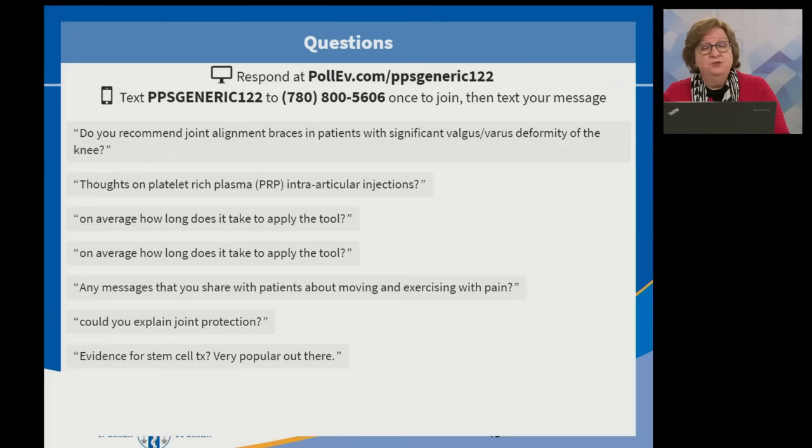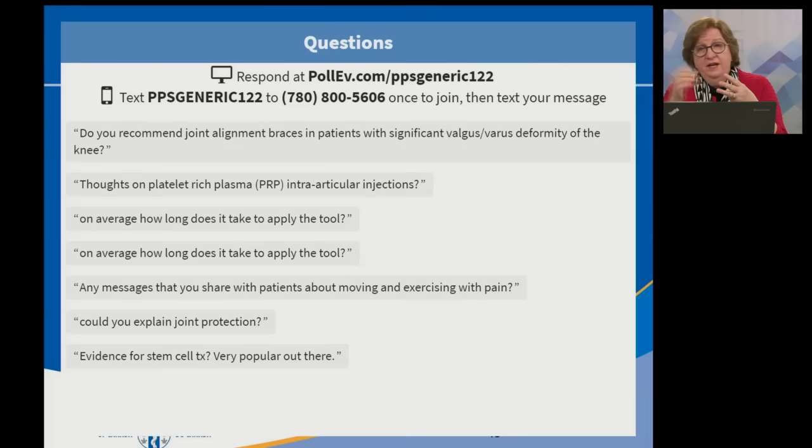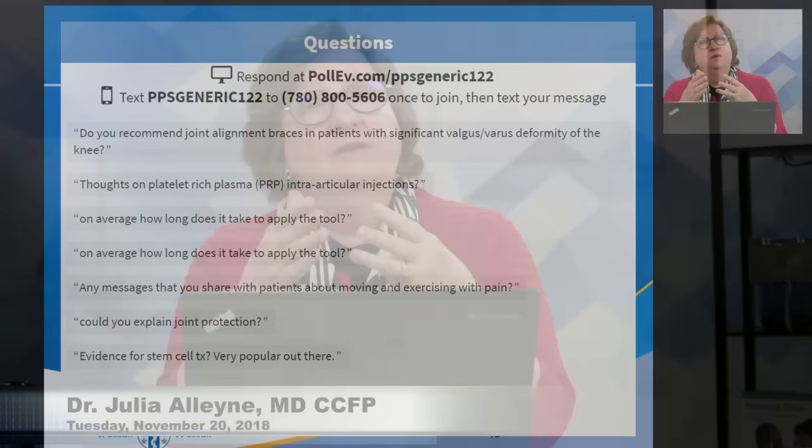Last question. Do you recommend joint alignment braces in patients with significant valgus or varus deformity? Okay, here's the key here. In your knee, you have 3 compartments, anterior, medial, and lateral. If all 3 compartments are affected, whether that be on x-ray, whether that be in mobility or lack of mobility, or whether that be related to a lot of swelling, you have no compartment to unload.